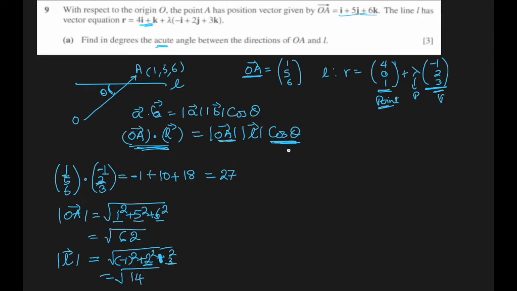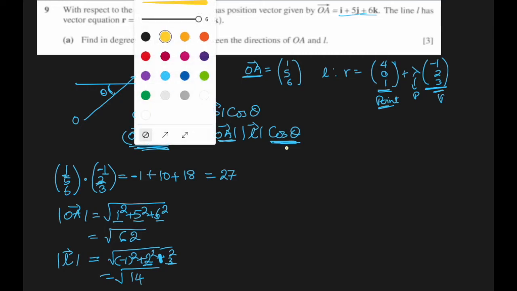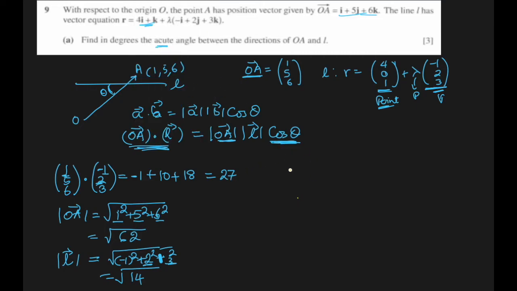Substitute everything in this equation and we'll get it. So let's do it. 27 was the left side. The magnitude of OA came out to be square root 62. And square root 14 is the magnitude of L, and cos theta. So by cross multiplication, these two will go down and become the denominator here.